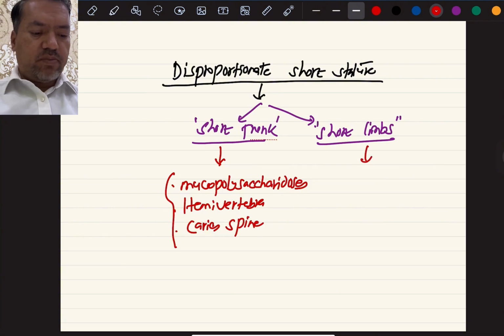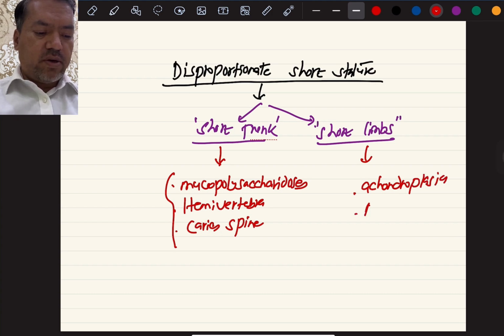Whereas the short limbs, the classical diseases like achondroplasia, rickets, hypothyroidism, these are the classical ones.